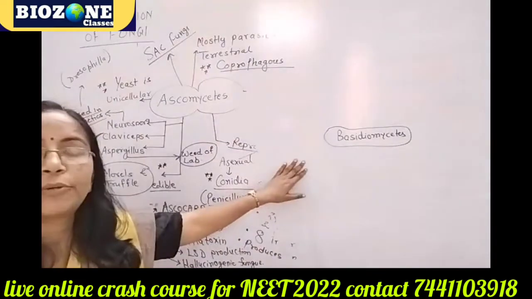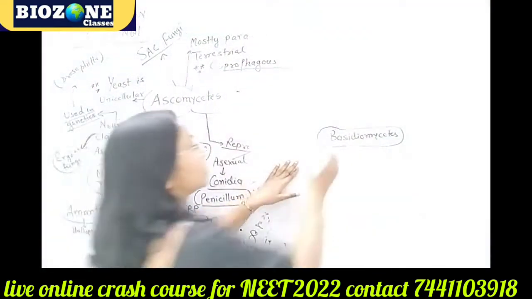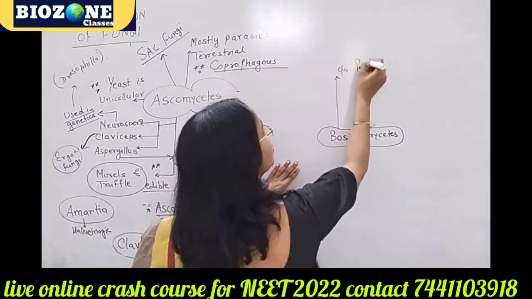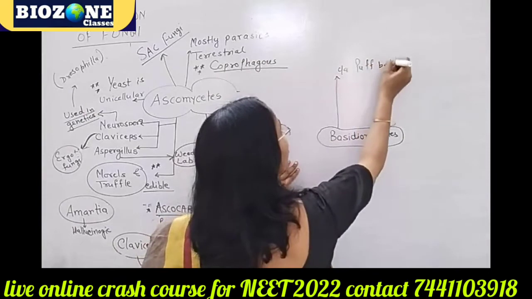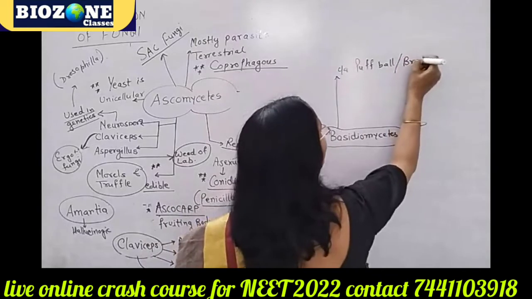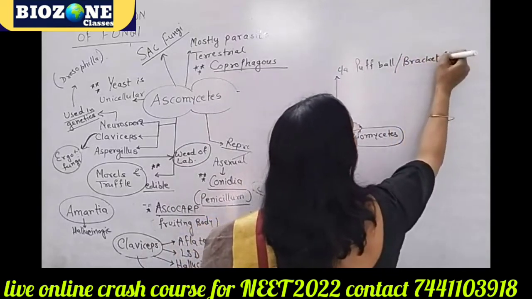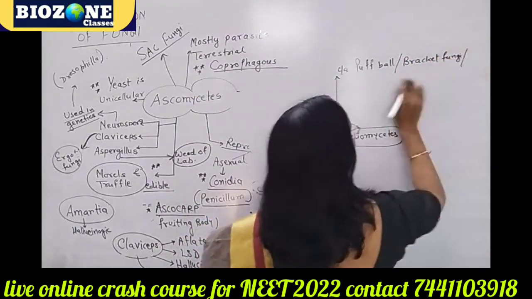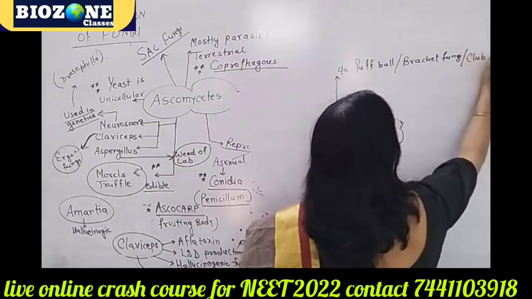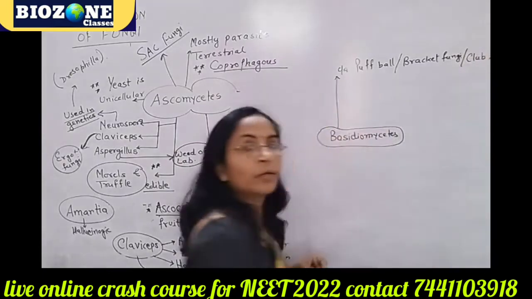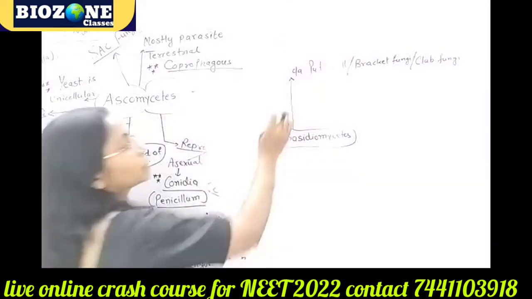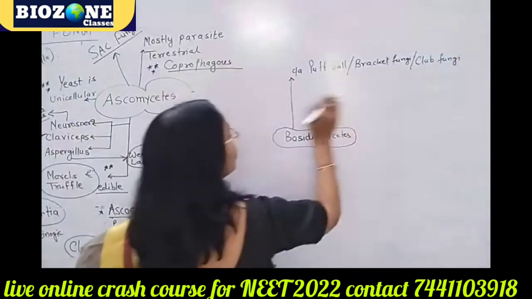And Basidiomycetes को जब आप स्टडी करेंगे तो Basidiomycetes called as popcorn, then bracket fungi, or it is also called as club fungi. ठीक है, so these are the different names which are provided for the fungus, so all fungus, bracket fungi or club fungi.